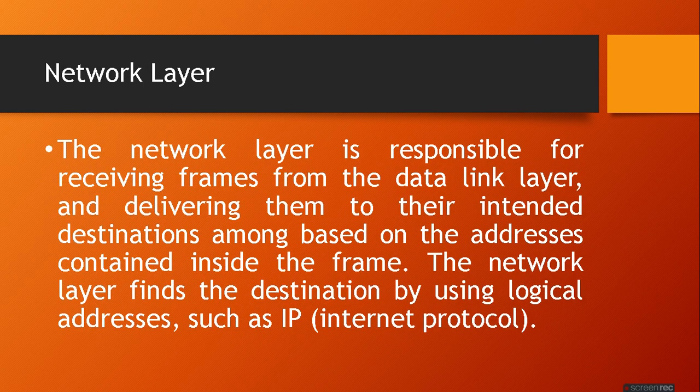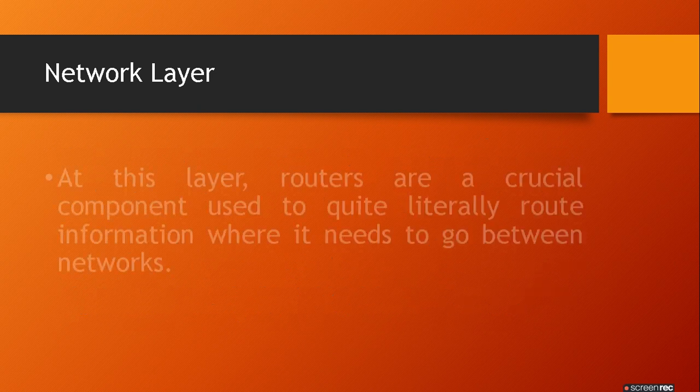The third layer is called the network layer. The network layer is responsible for receiving frames from the data link layer and delivering them to their intended destinations based on the addresses contained inside the frame. The network layer finds the destination by using logical addresses such as Internet Protocol.